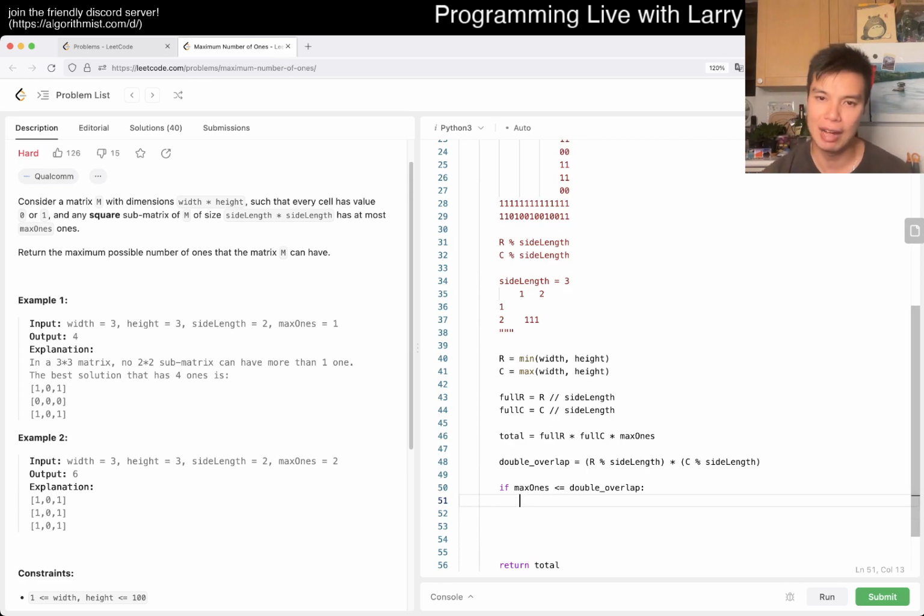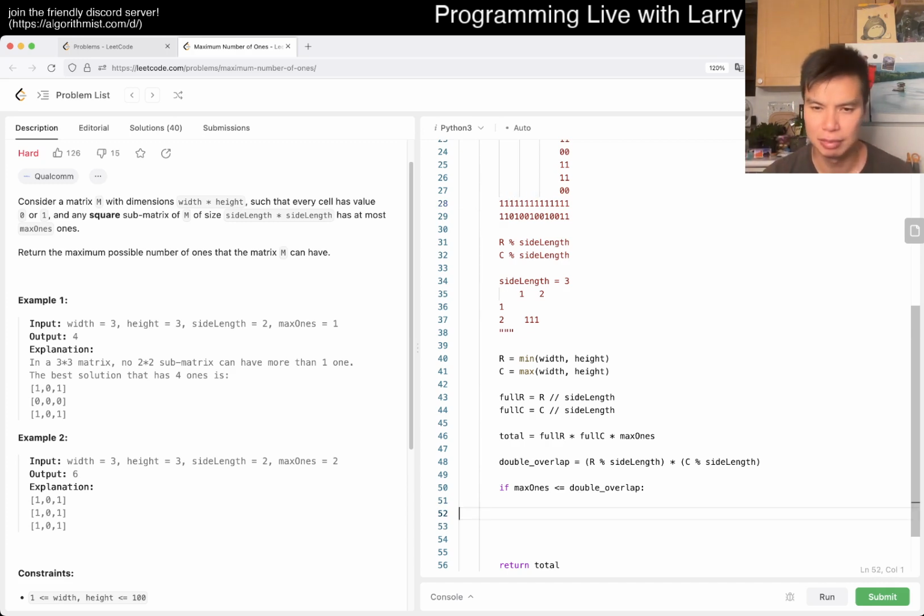Then basically, let's see, that means that we have another full R. So how many extra column squares are there?